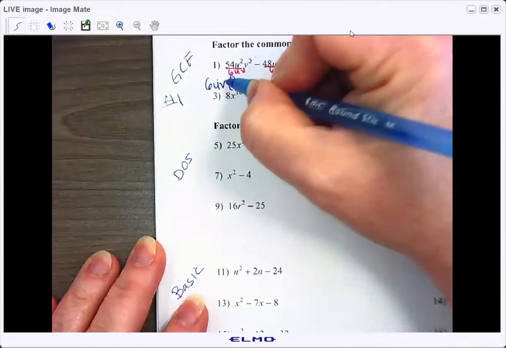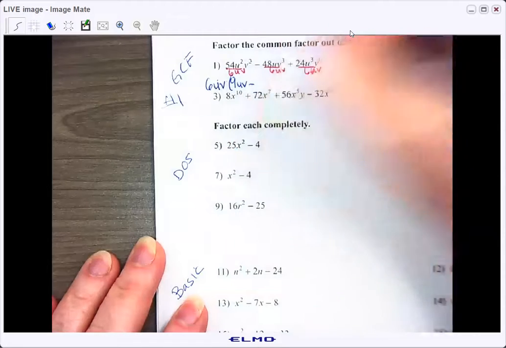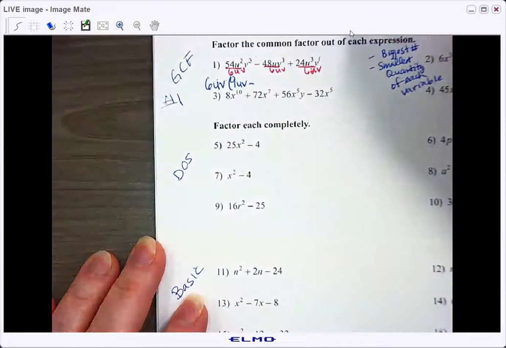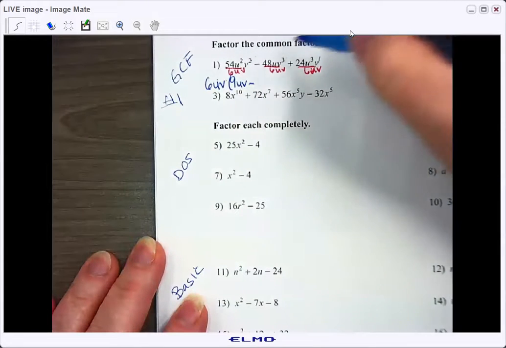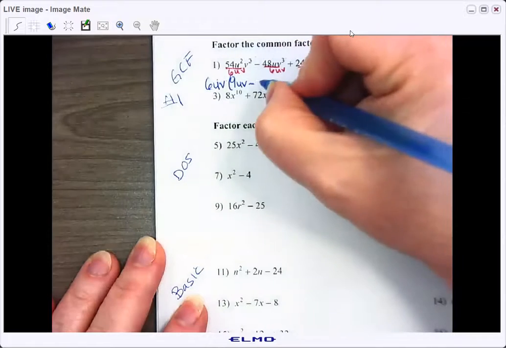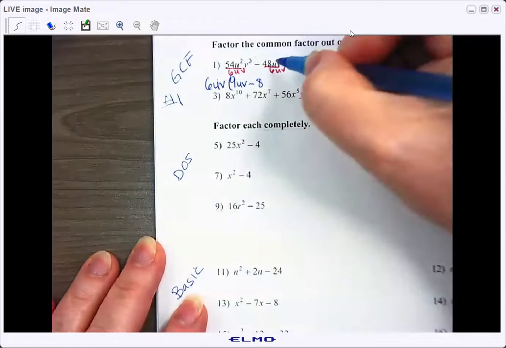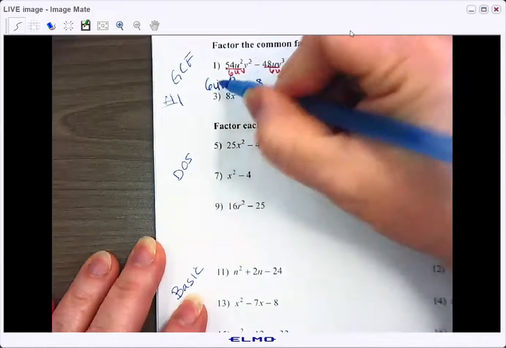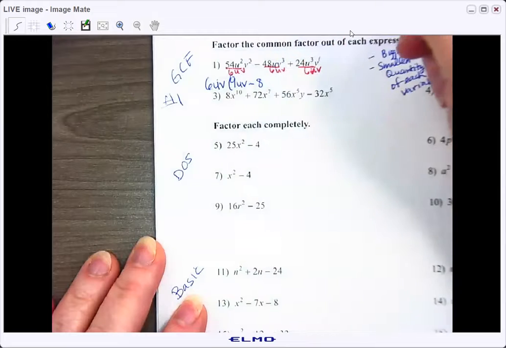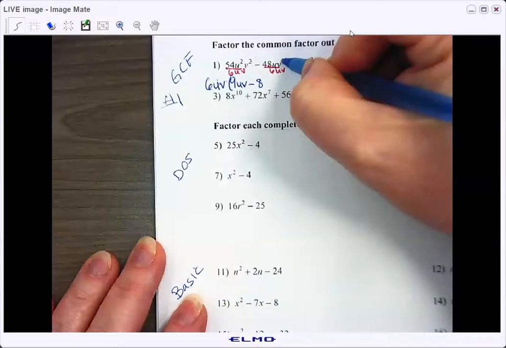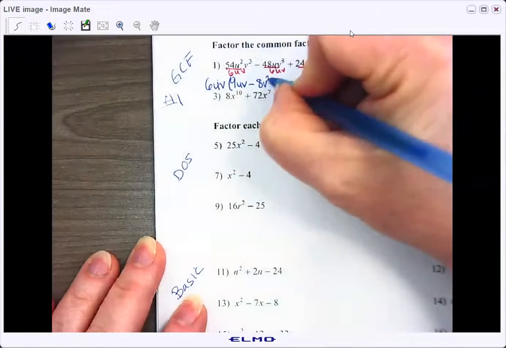And v to the 2, take away v to the 1 is v. So we're dividing these. 48 divided by 6 is 8. U to the 1, take away 1 is gone. They cancel. And v to the 3, take away 1 is 2.